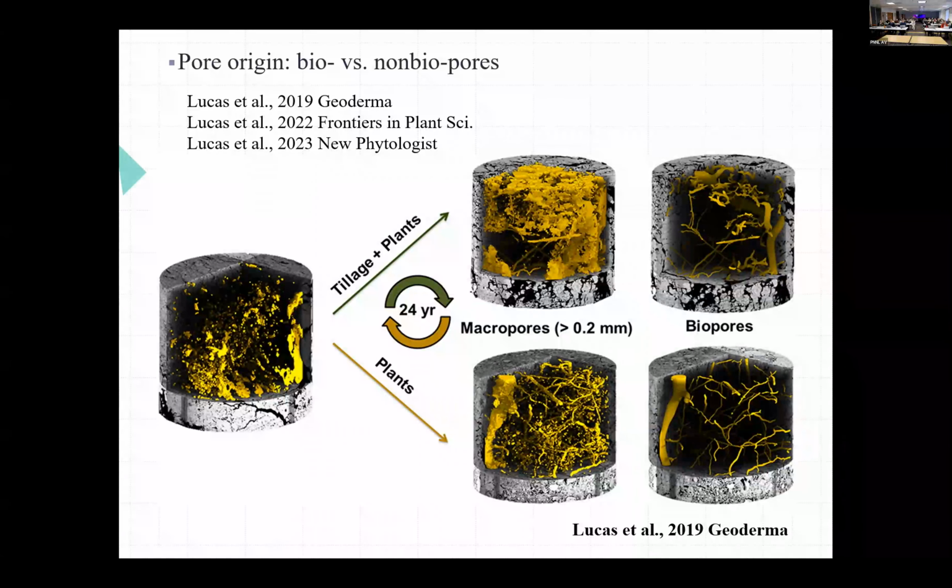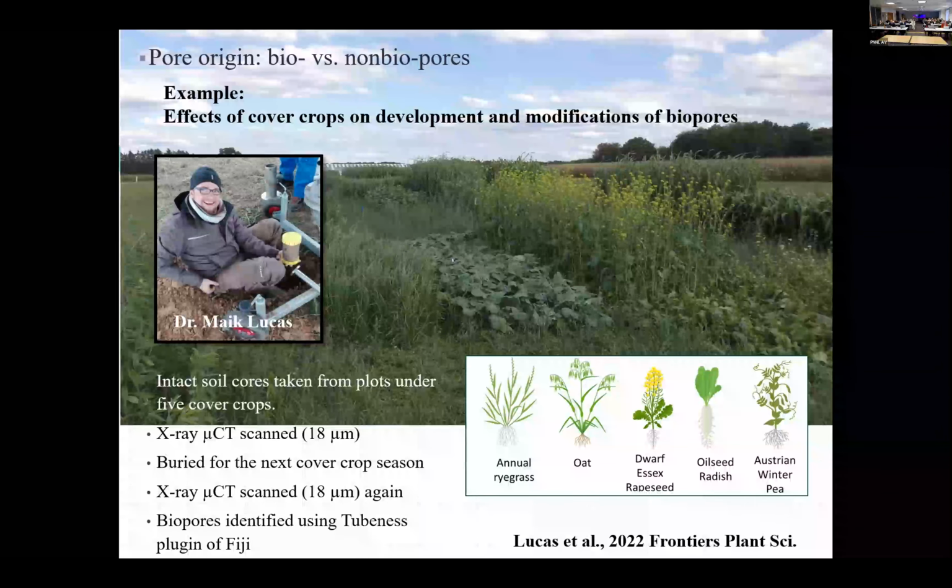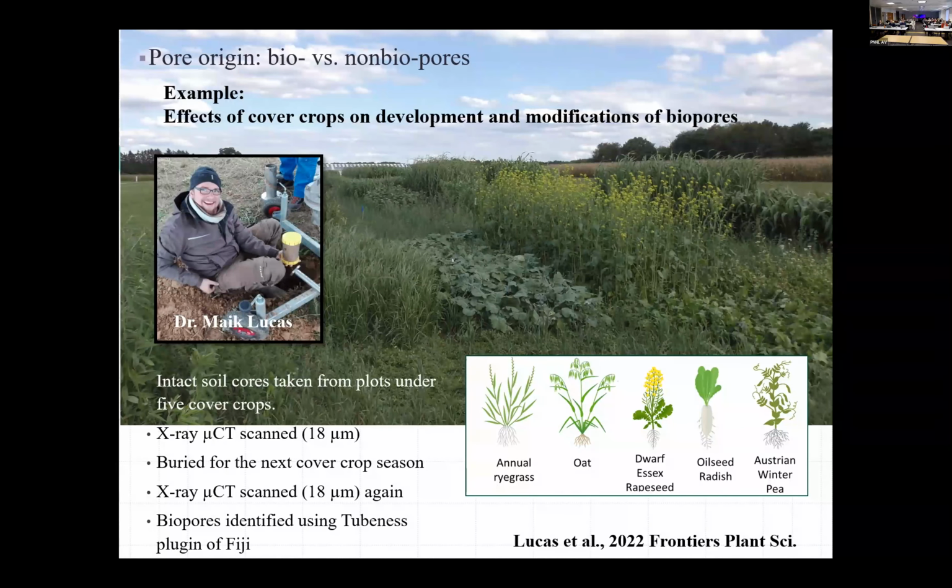So Mike Lucas is the person who pioneered explorations and identification of these biopores. Specifically, in the work that he did when he visited our lab for a year as a postdoc, he explored how different cover crops impact development and reformation of these biopores.